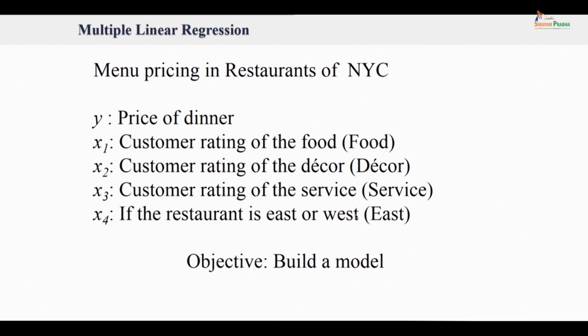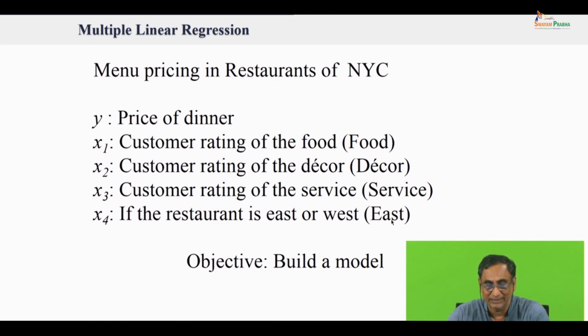Typically in New York, the west side is probably a little poorer, whereas the east side is probably a little richer neighborhood. So the location of the restaurant would also have an effect on the price. So these are the 4 independent variables on which data was obtained: the quality of the food, the decor and service.